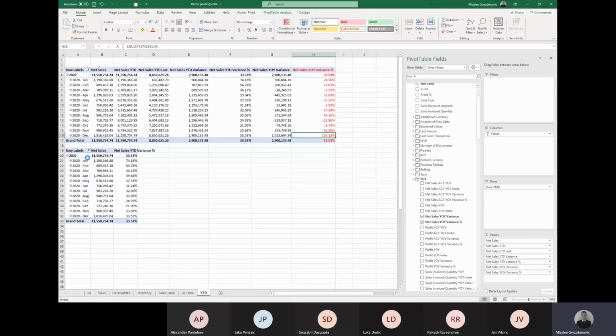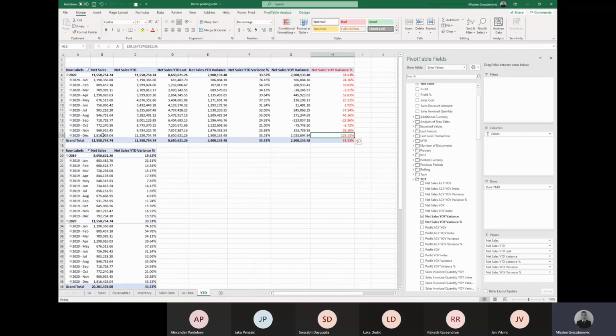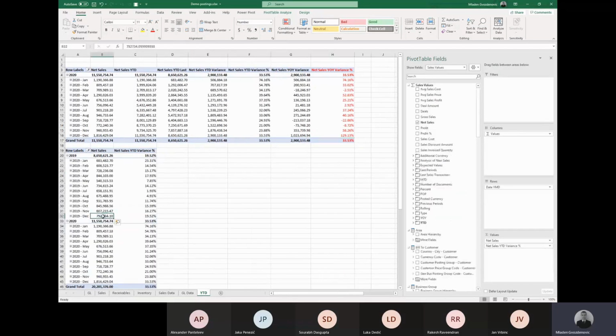Let's just quickly check this if this is true. So if our sales in December is 1.8 million, yes, you see, December last year was 800. So it's more than double. That's why this is very high, but cumulative, okay, it is like this because in some periods we were not doing that well.